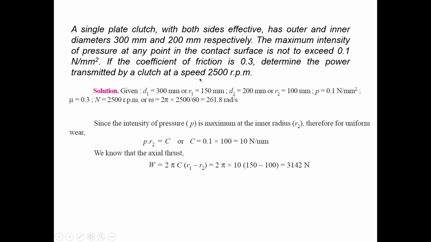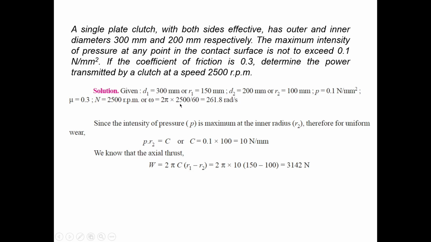We all know that the clutch system is meant for transmitting the angular motion. So here the speed is given as 2500 rpm. So we have to convert this speed into angular velocity. How can it be done? By simply multiplying 2 pi N divided by 60.